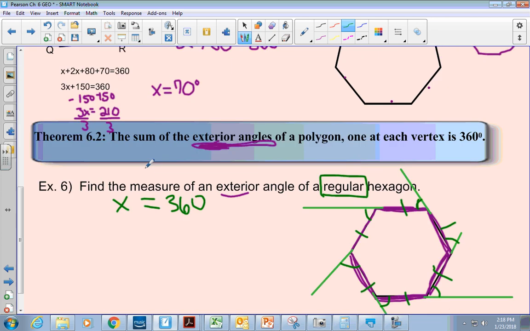So we're going to go 6x equals 360. So I have to divvy that 360 up amongst 6 angles. So x is equal to 360 divided by 6, which is 60.